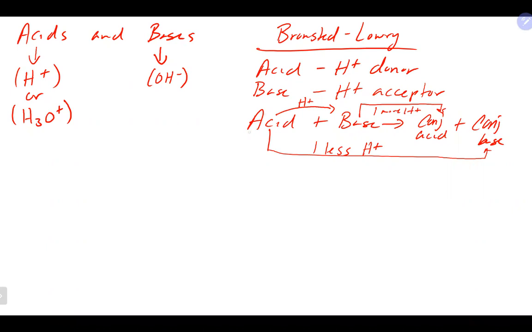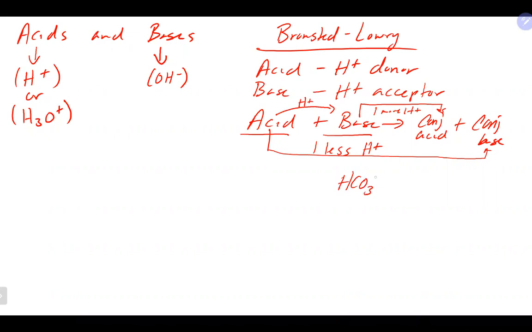Remember that regular acids and bases are only found on the left-hand side of the arrow. All the conjugate partners are found on the right-hand side of the arrow. If you're asked to write either the conjugate acid or conjugate base, we looked at something like bicarbonate last time.